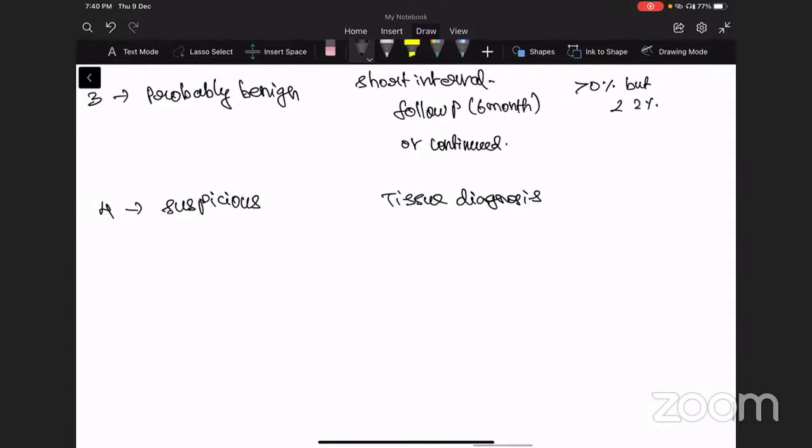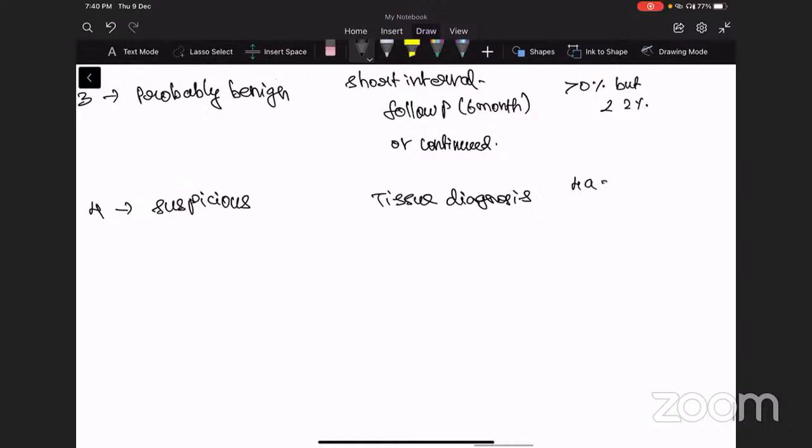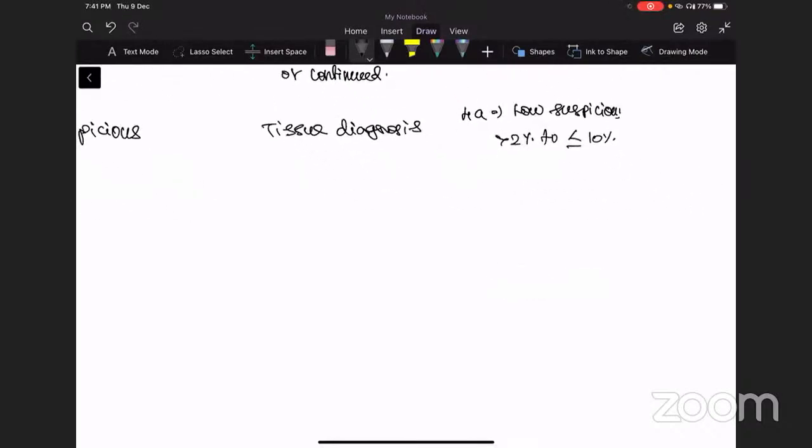In category 4, we have 4A, which is low suspicious for malignancy, and the risk is more than 2% to less than or equal to 10%. 4B is moderate suspicious, more than 10% to less than 50%. 4C is high suspicious for malignancy, and the risk is more than 50% to less than 95%.